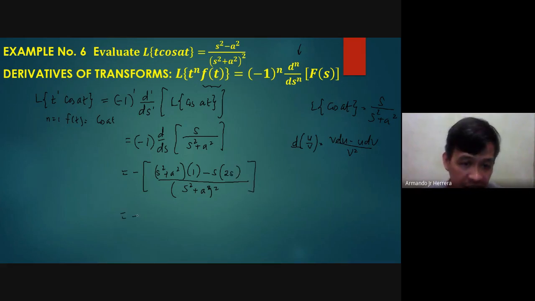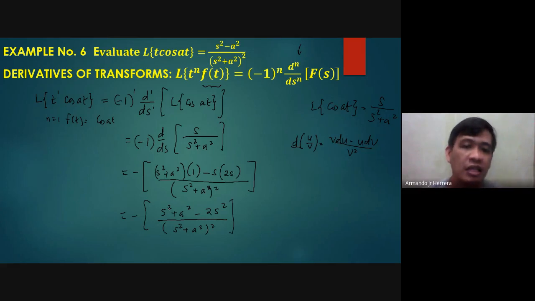So simplifying this further, that gives us s squared plus a squared minus 2s squared all over s squared plus a squared squared. So this s squared minus 2s squared is negative quantity a squared minus s squared over s squared plus a squared squared.